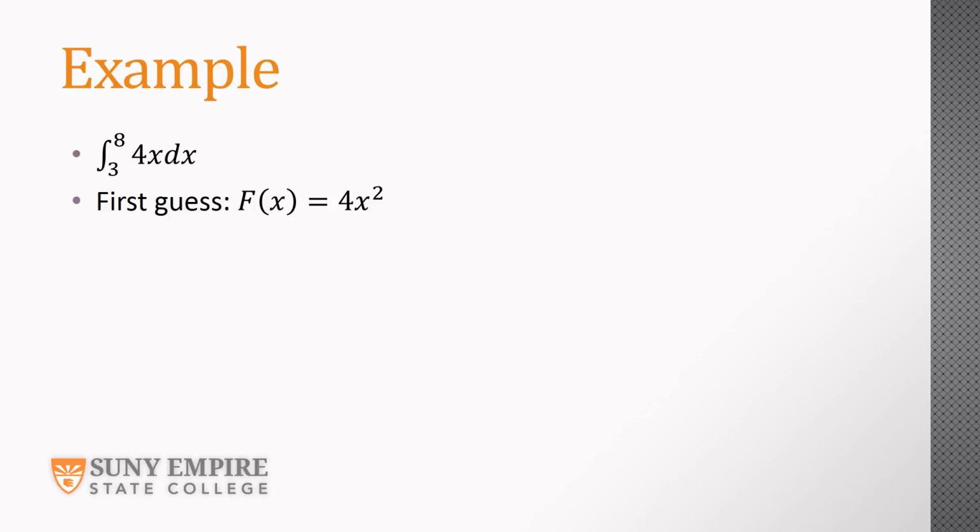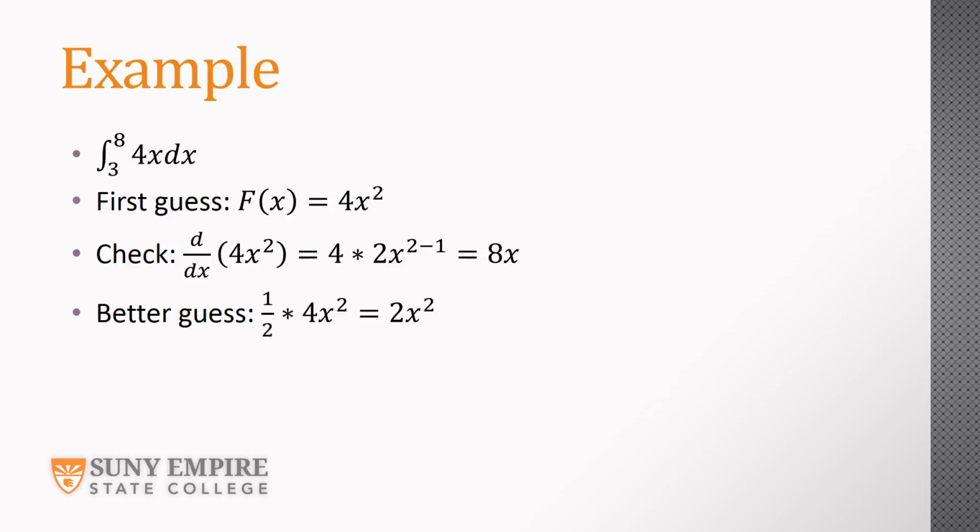We need to take the derivative to make sure our guess is correct. If we take the derivative with respect to x of 4x squared, we end up with 8x. So our initial guess is twice as big as it needed to be. As an improvement, what if we guess the antiderivative to be 1/2 of 4x squared, or 2x squared?